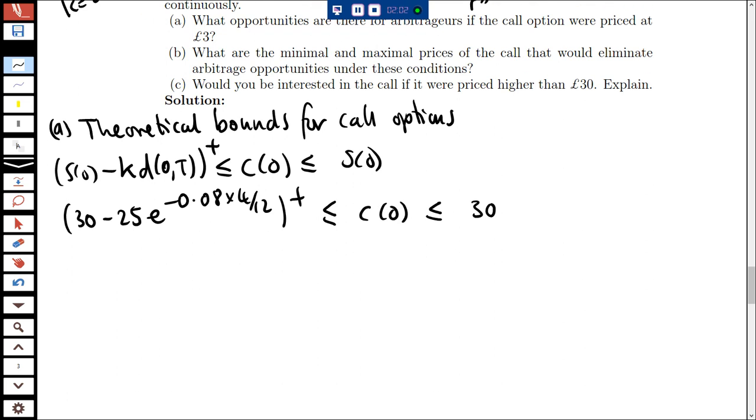And we can see the bounds for the value of the call. It must be less than 30 and greater than £5.66, something like that.